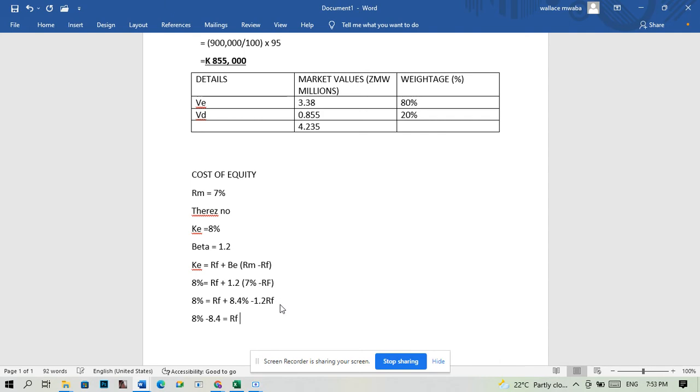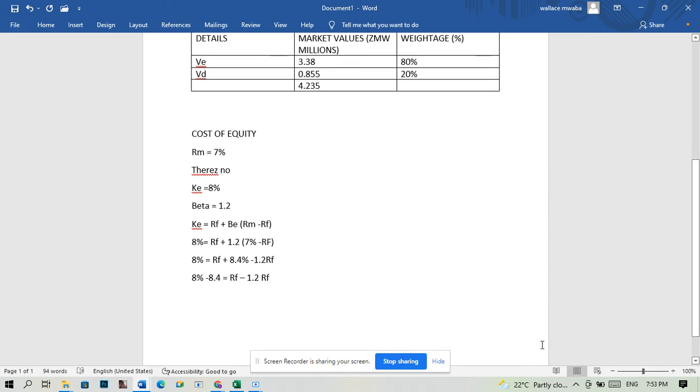minus 1.2 RF. So 8 minus 8.4, we're going to get negative 0.4. This is like 1 minus 1.2, we get negative 0.2.